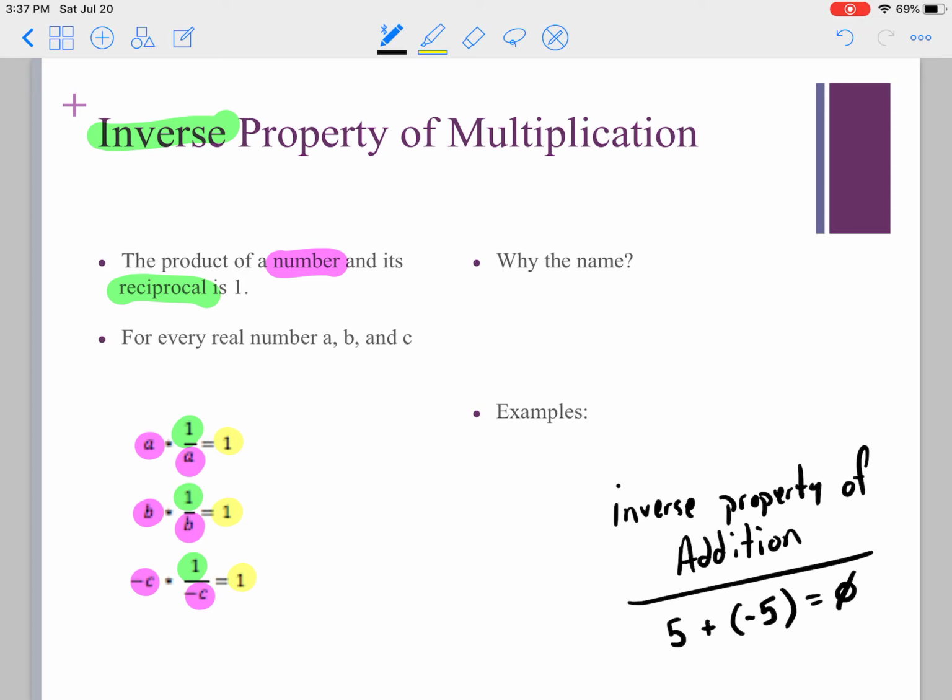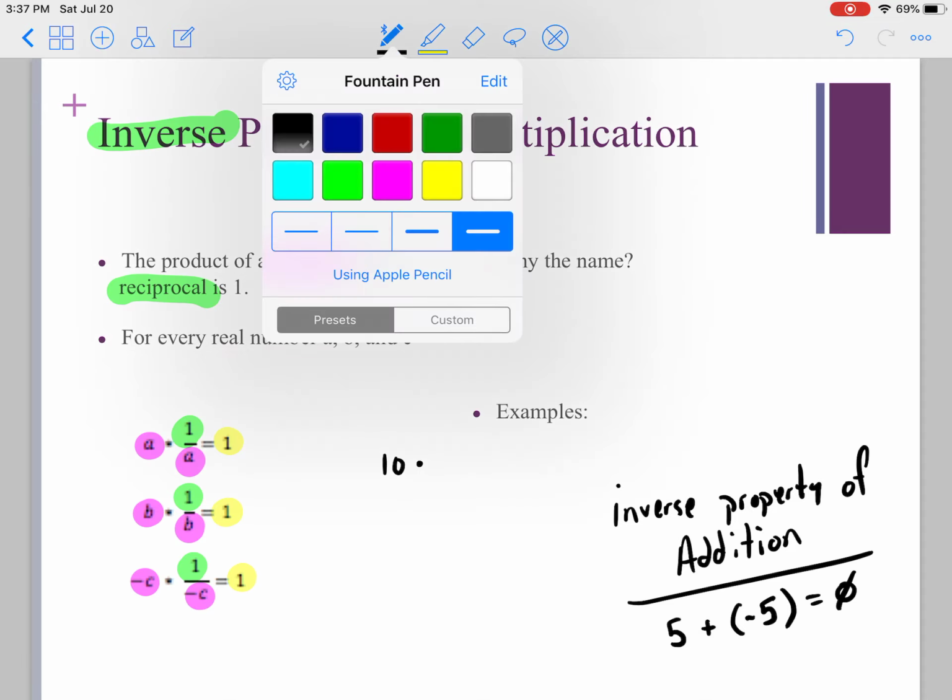So let's do an example. And the number 10. Well, the reciprocal of 10 is, if I had to turn 10 into a fraction, I would put 1 in the denominator. Well, that 1 has to move to the numerator. 10 goes to the denominator, and that is going to equal 1.